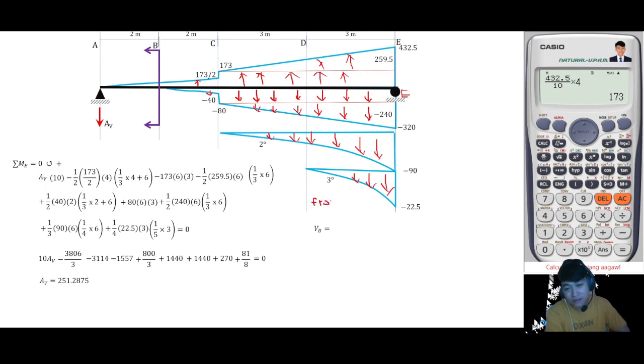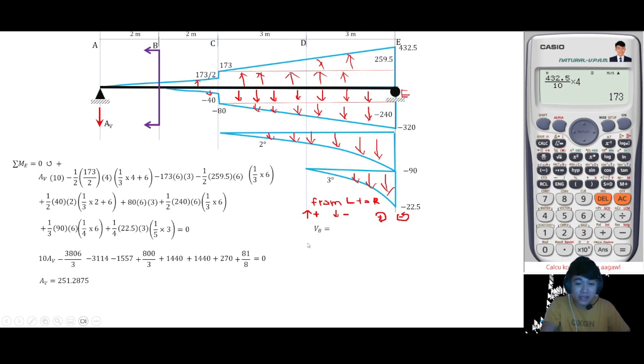From left to right, the upward forces are positive and the downward forces are negative. Also from left to right, clockwise moments are positive, counterclockwise moments are negative. So this will be important for your moment naman.